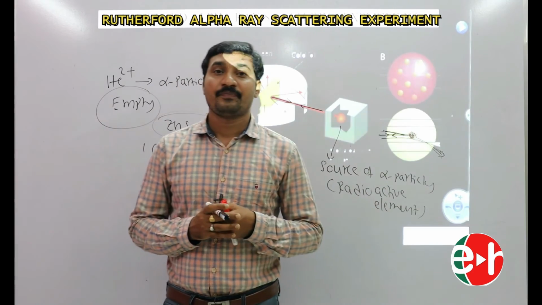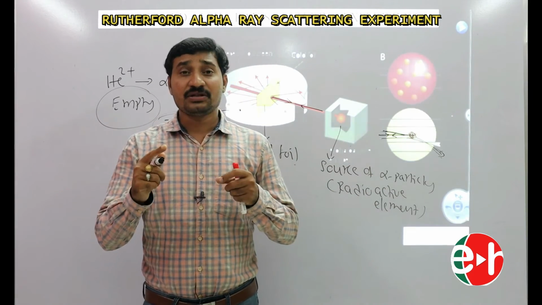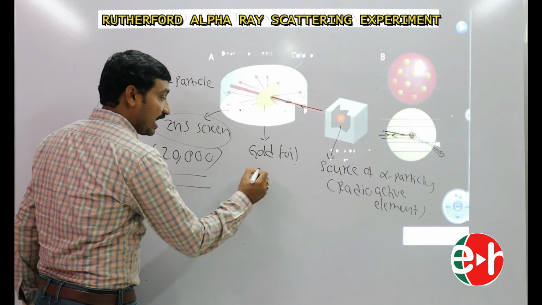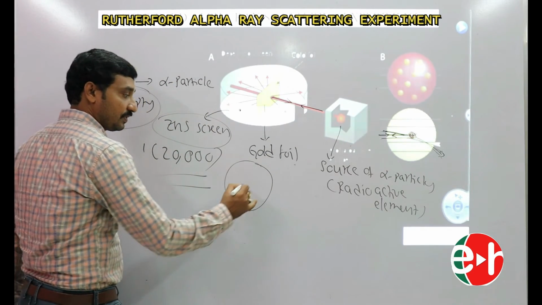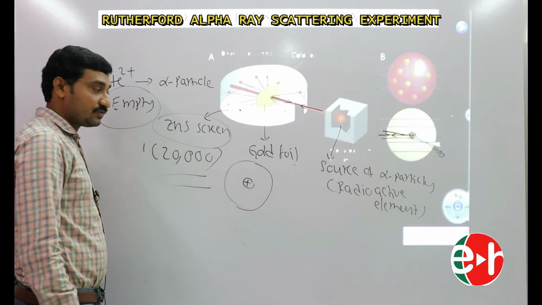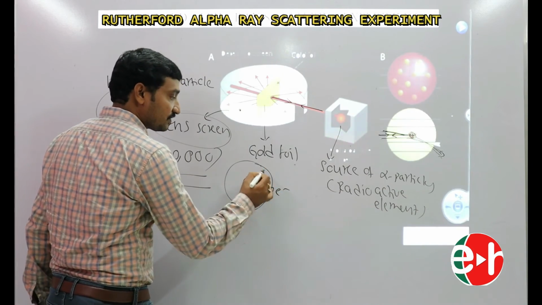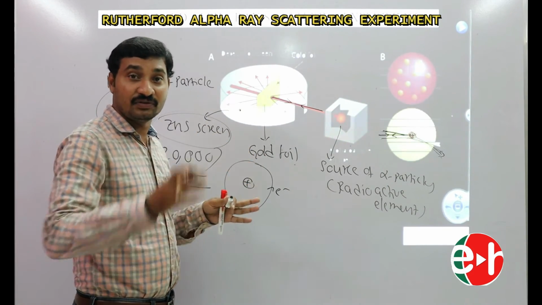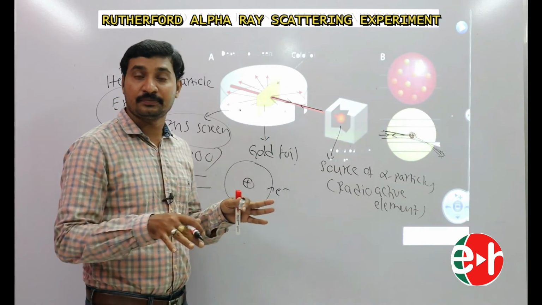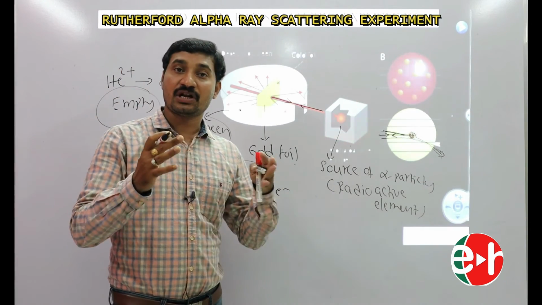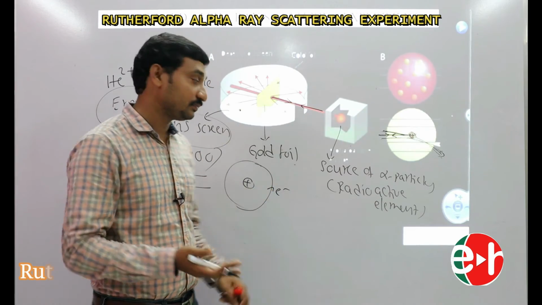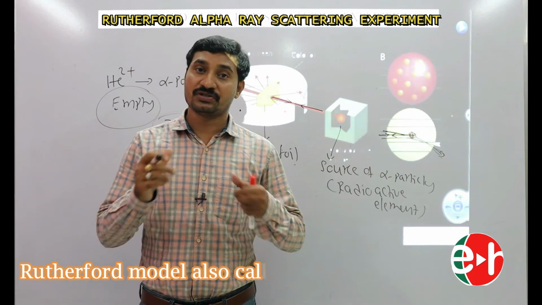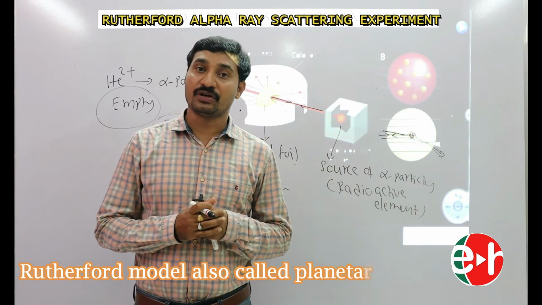Next, electrons are revolving around the nucleus. This is the nucleus. Atoms are spherical in shape, with positive charge at the center, and electrons revolve around the nucleus like planets revolve around the sun. That's why this model is also called the planetary model. So these are the postulates of the Rutherford atomic model.